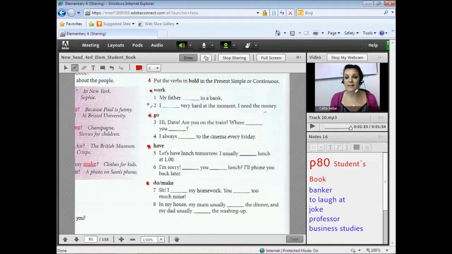So read the incomplete sentences very carefully. Look at all the time expressions and everything in the sentence that can help you to decide whether you should use present simple or continuous. So, are you ready? Off you go.